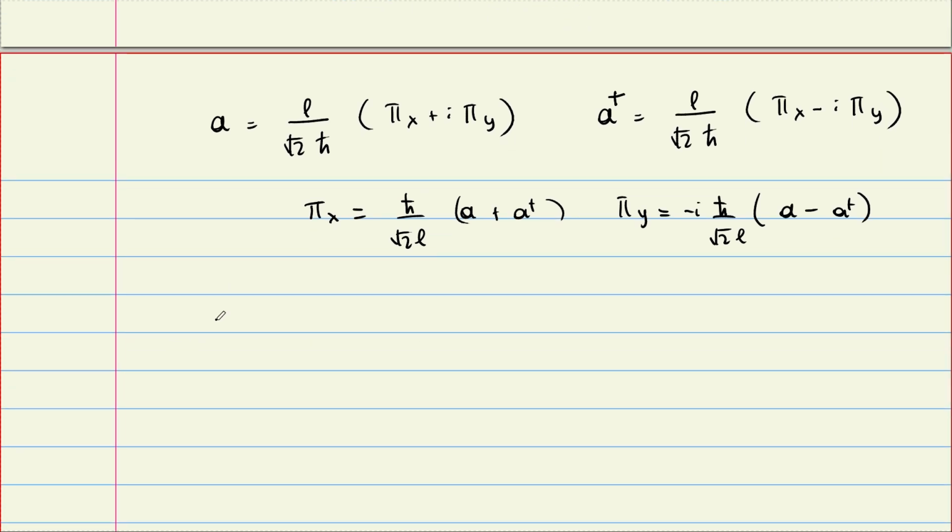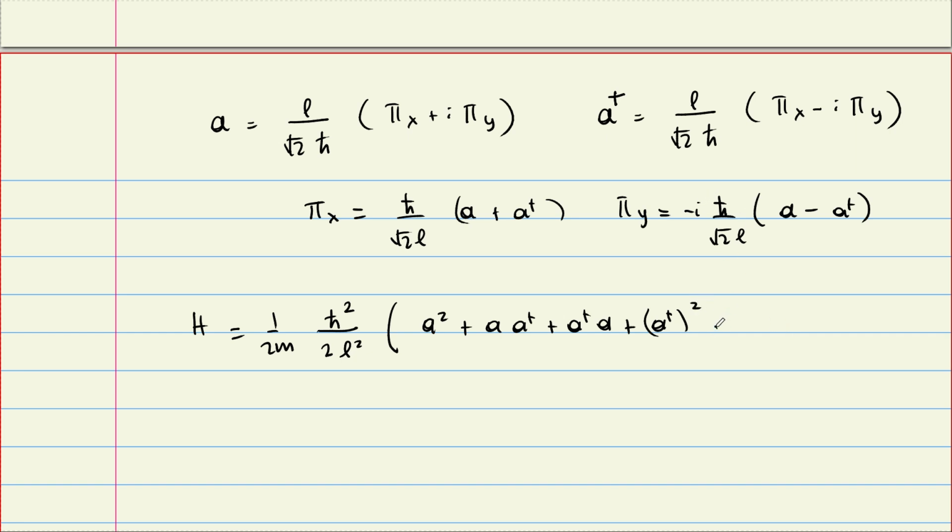Then I can plug this into H. H is equal to 1 over 2m. So I'll take these ħ's out, ħ² over 2L². So πx is going to give me a² plus a a† plus a† a plus a†².